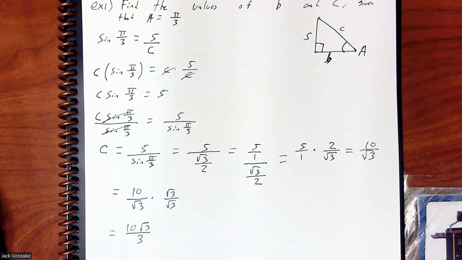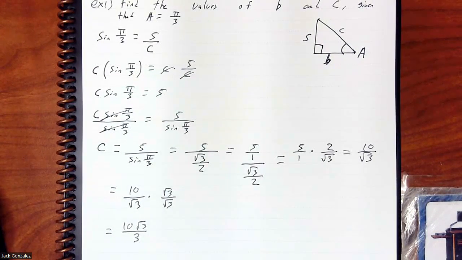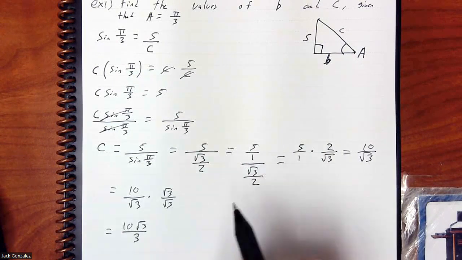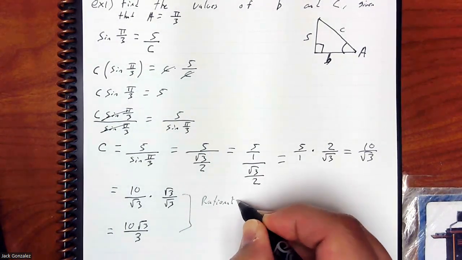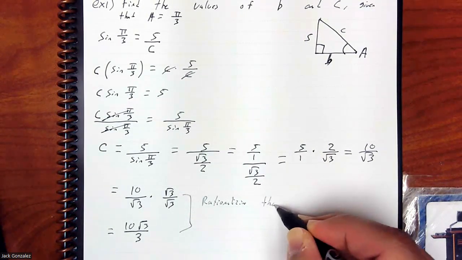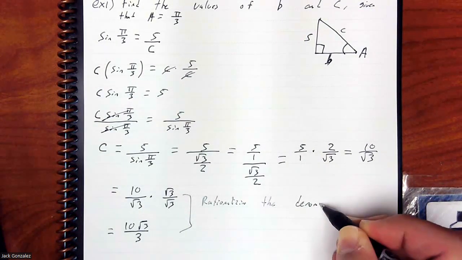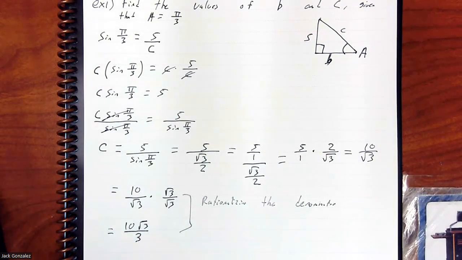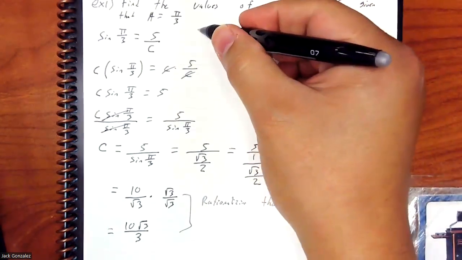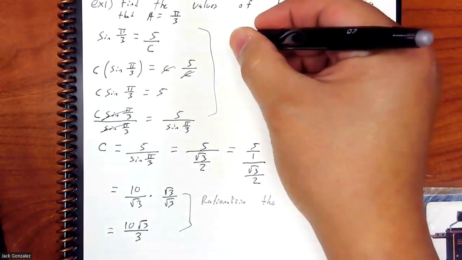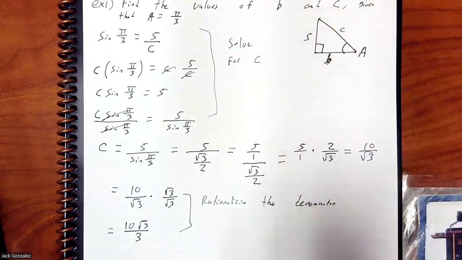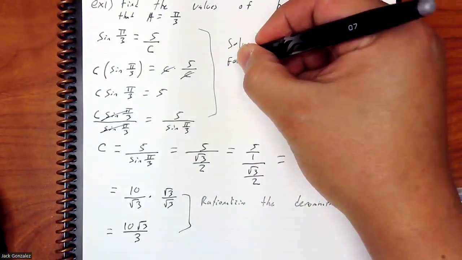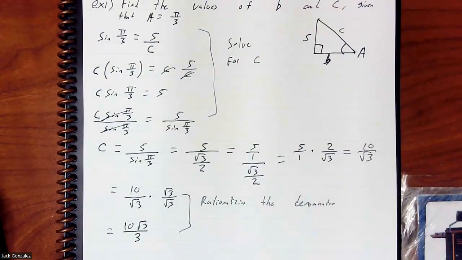I skipped a minor step there. Is this okay? So right here we are rationalizing the denominator. All this work here, we're to solve for C. That's it.